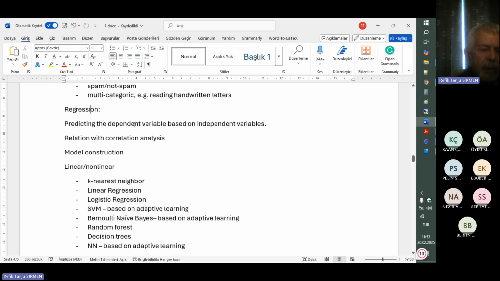So this is the grading dependent variable. So for predicting the exam grade, we may check what this exam grade depends on, or what it is related to, which features or which data.